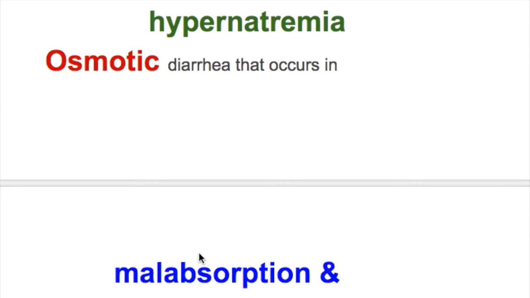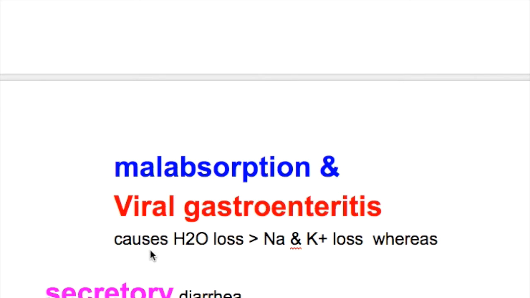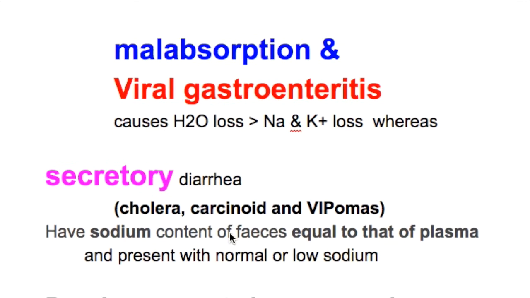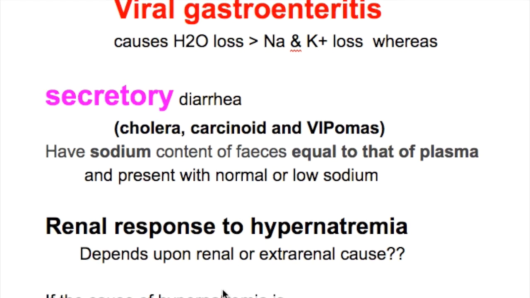The osmotic diarrhea that occurs in malabsorption syndrome and viral gastroenteritis causes water loss more than sodium and potassium loss, whereas secretory diarrhea that occurs in cholera, carcinoid, and VIPomas has sodium content of feces equal to that of plasma and presents with normal or low sodium.